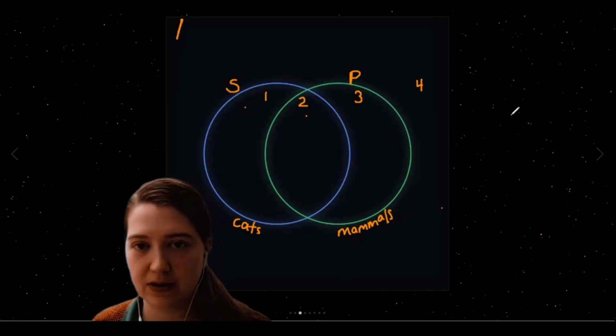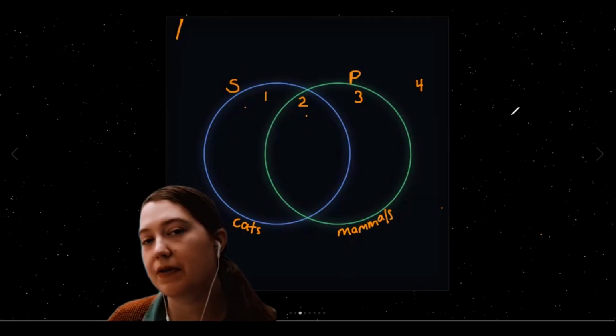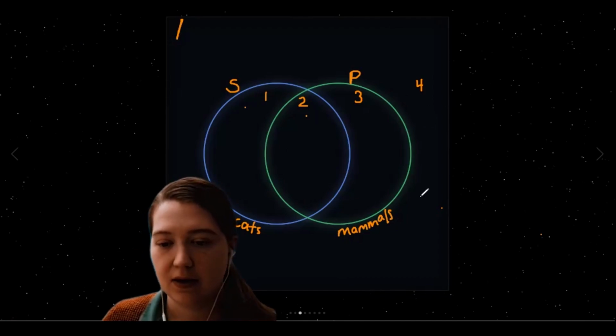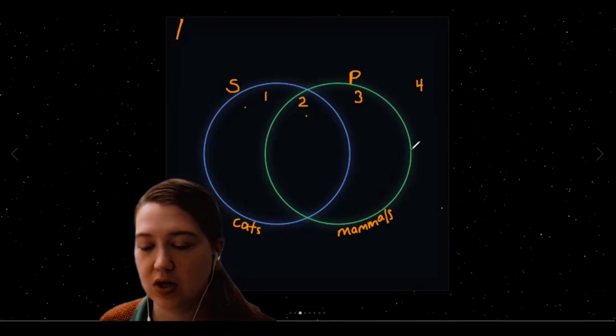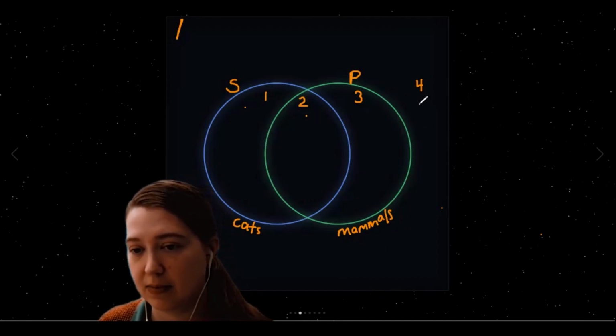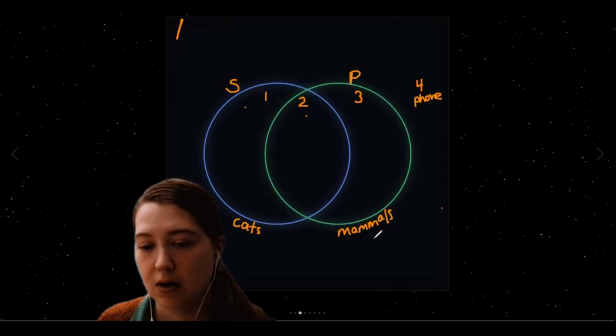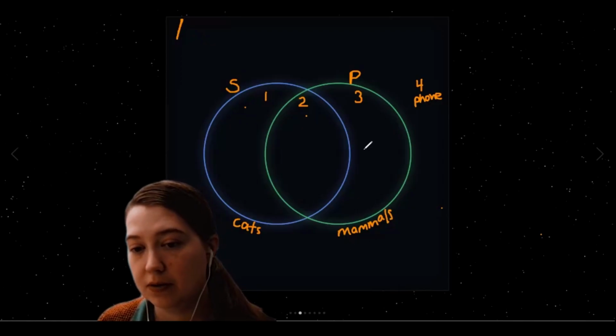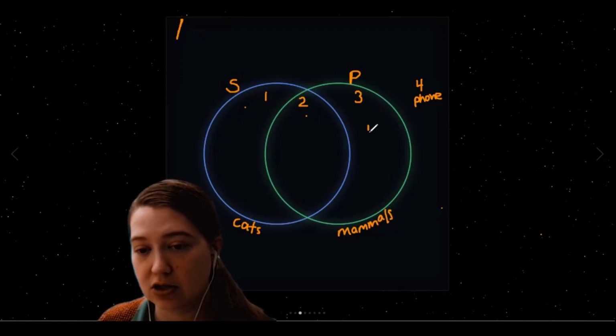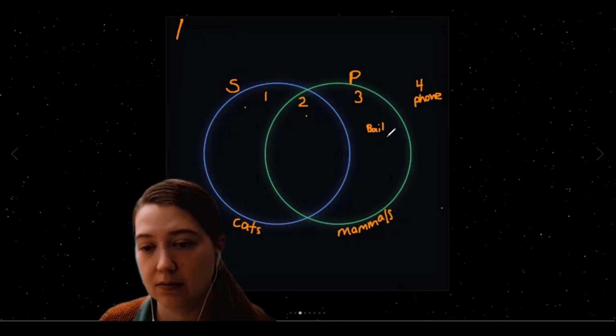What do you notice about this particular diagram? What do you notice about the things that I just said? We can imagine many non-mammal, non-cats. Again, my phone is neither mammal nor cat. That can go here. We can imagine many mammal, non-cats, like the dogs I mentioned on the previous example. Bailey's a dog.